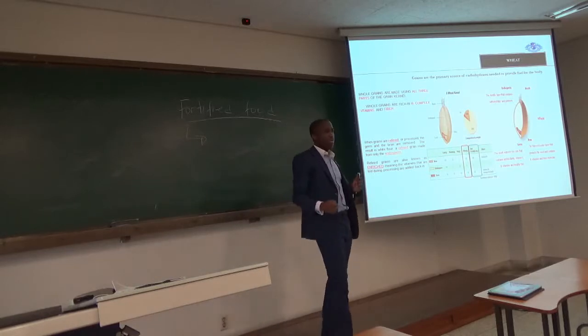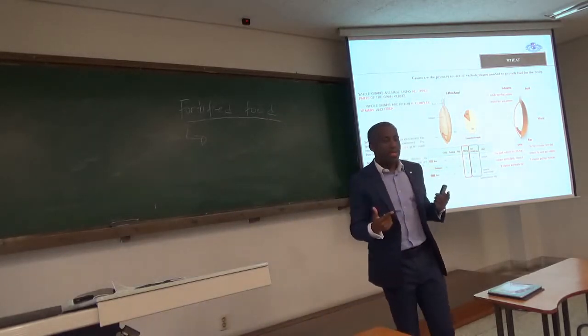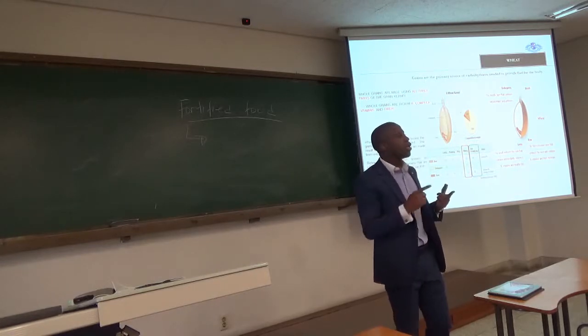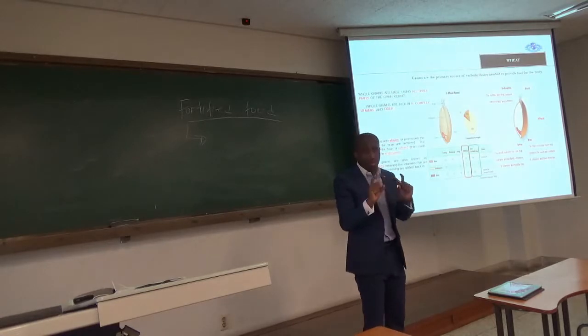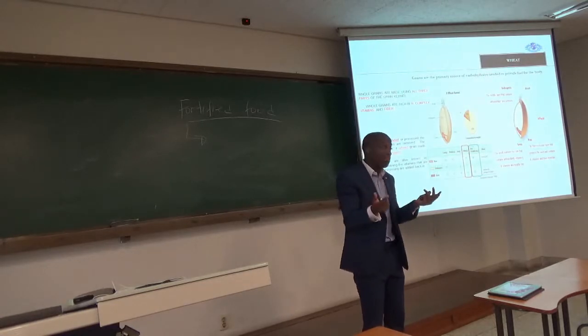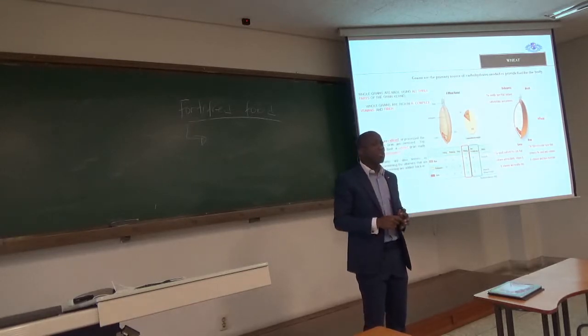What do we do? Adding new nutrients. Exactly. Here, remember, in enriched food, we are adding some nutrients back. The keyword is back. It means they were there, we lost them in the process, and we add them back to the food. But fortified food is different. Here, we are adding new nutrients.